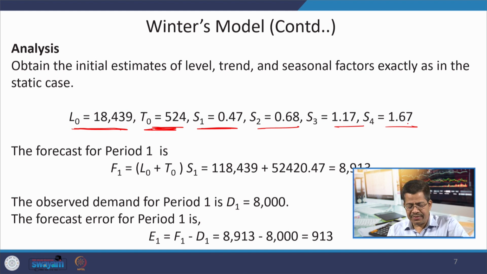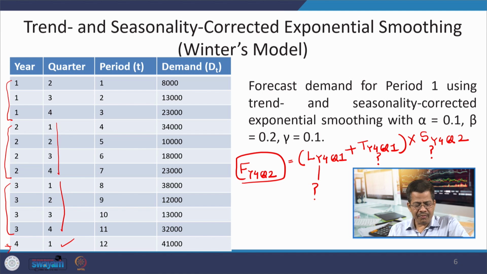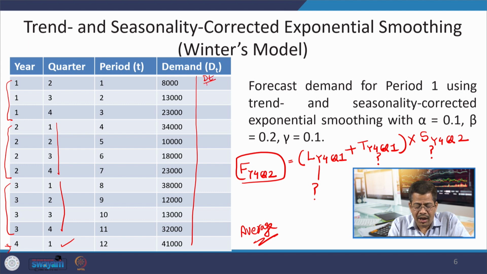How do these estimations come? You take the average of all the demand, and divide the demand of a particular period by the average demand, and that gives you S1, S2, S3, S4.